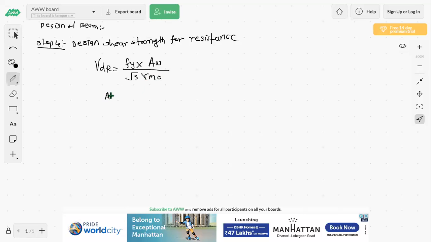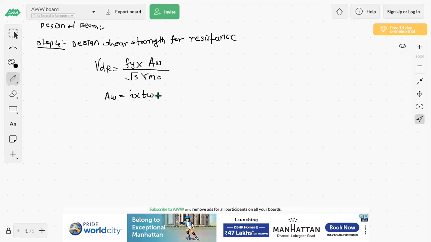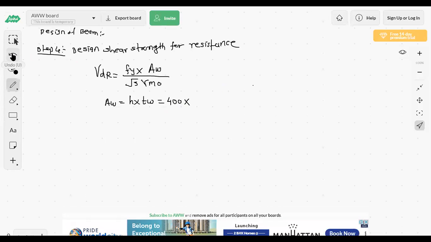So here we have to calculate AW. AW is H into TW, where H is the height of web and TW is the thickness of web. Which section have we selected?